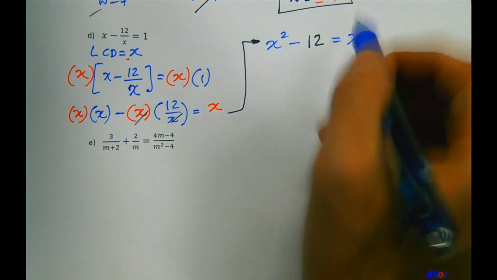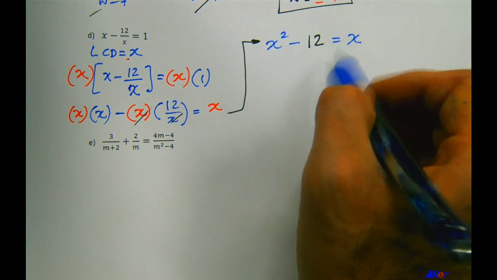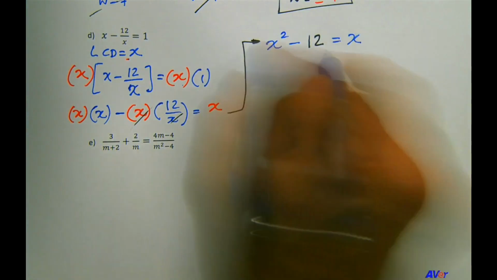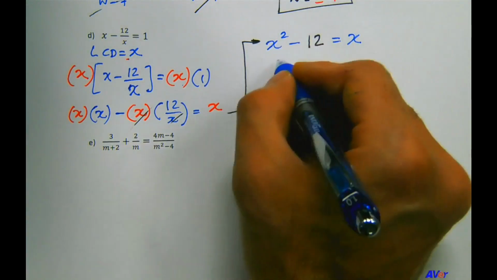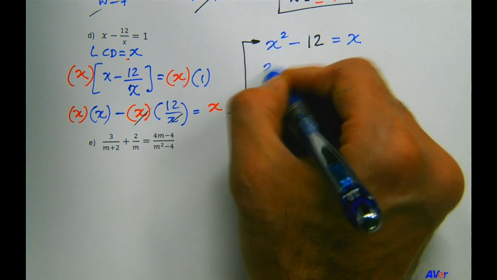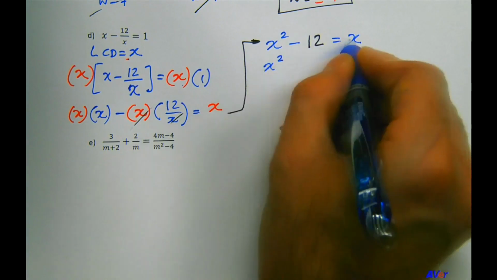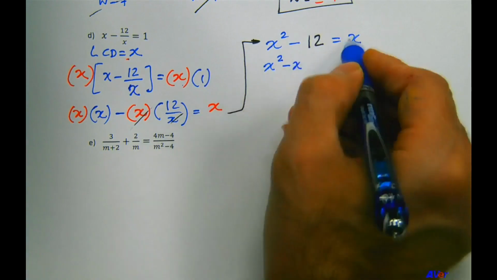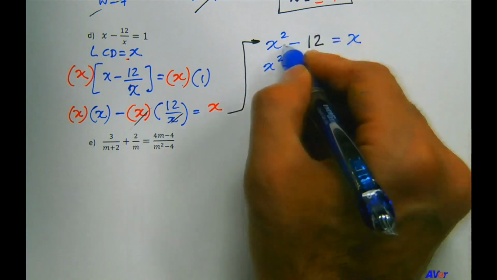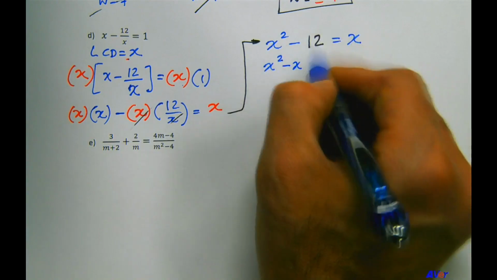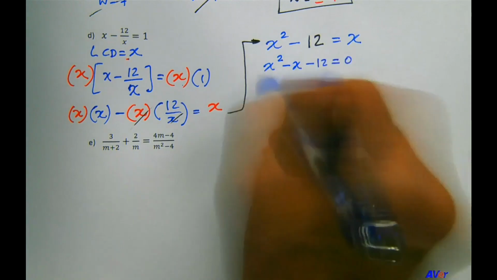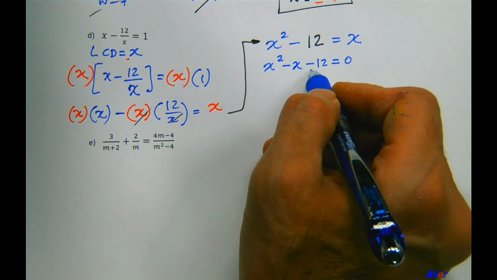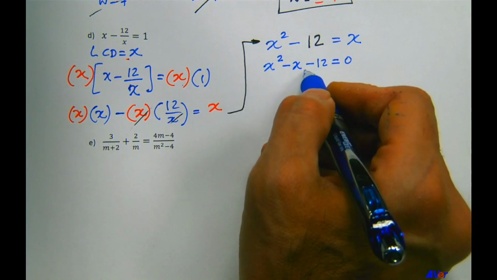Okay. So now we have a quadratic equation. Let's bring this to the left and set it equal to 0 and solve for X. So we have X squared minus X, right? It's positive on the right. When I move it to the left, it becomes negative. Minus 12 equals 0. So this quadratic equation is a very easy equation to factor, right?